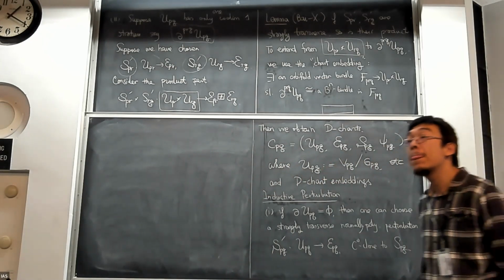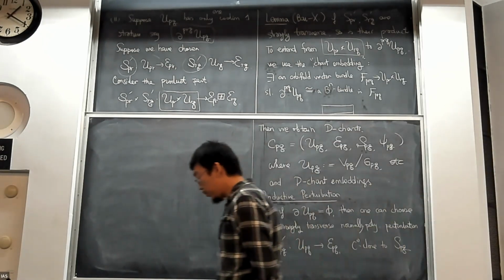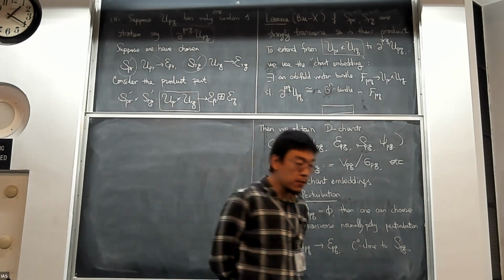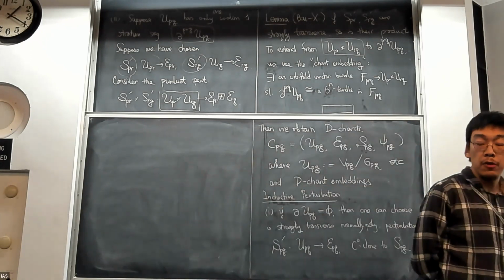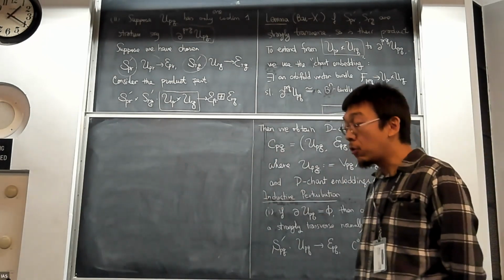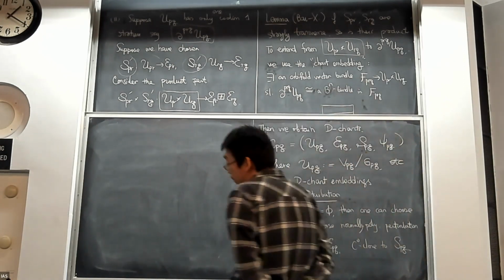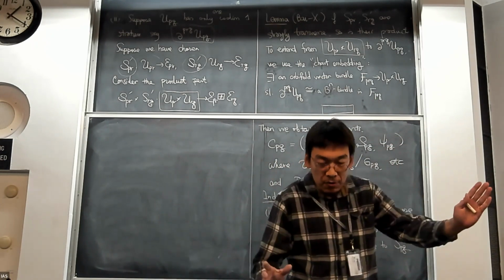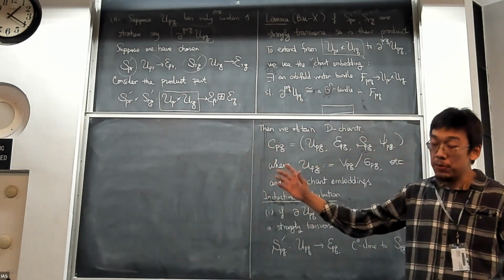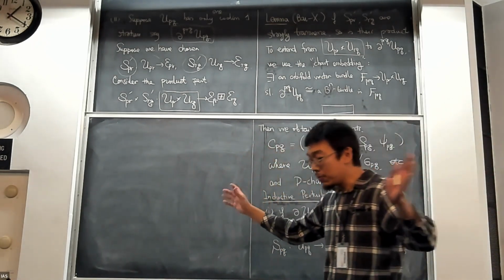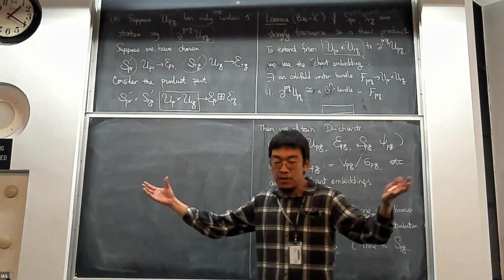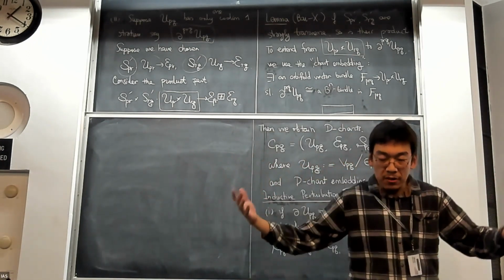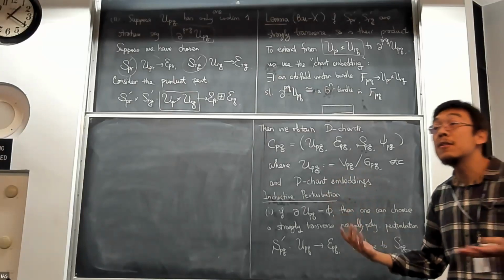So for the product space you can still stratify it according to the isotropy types, and the stratification is indexed by the product of two partially ordered sets.